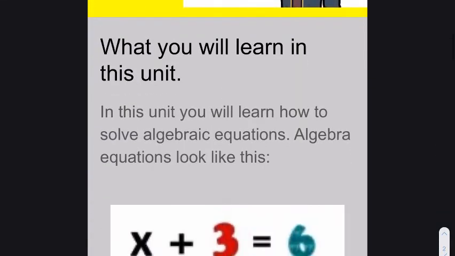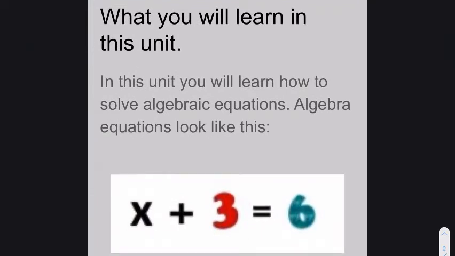Alright, so let's go into what you're going to learn in this unit. In this unit, you're going to learn how to solve algebraic equations, and that's a fancy word, algebraic equations. And all those words mean is that they are equations that use algebra.